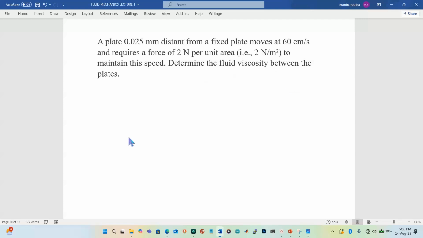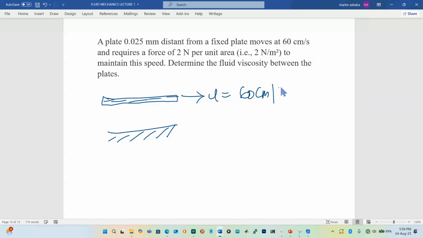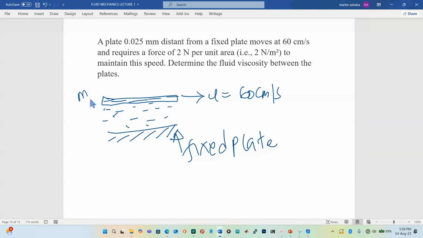Let's first draw the fixed plate, and we are told that there is a plate that is moving past this other plate at a speed of 60 centimeters per second, and there is a fluid in between the two plates. So this is a fixed plate. This is a moving plate.